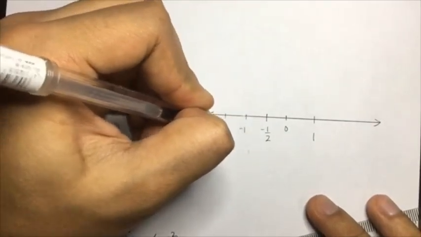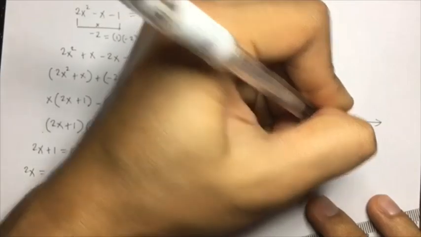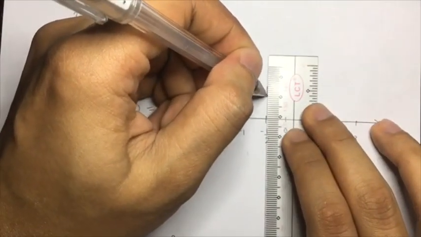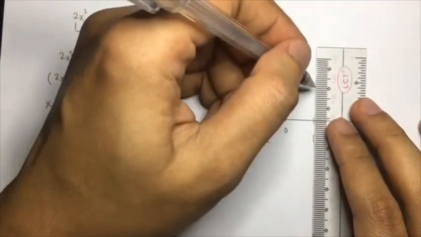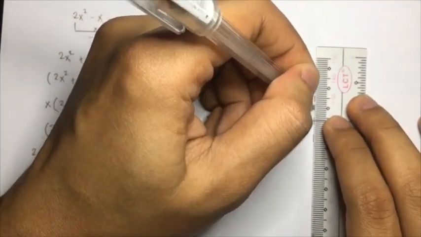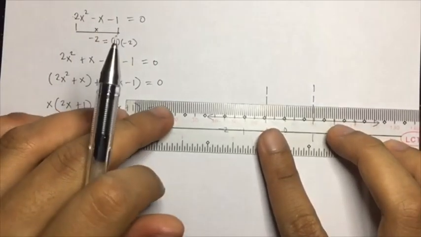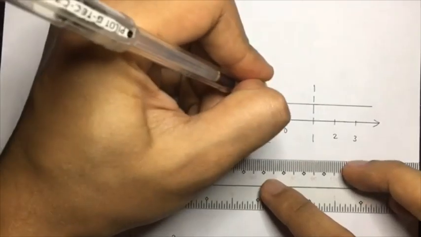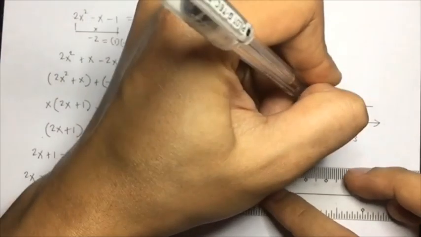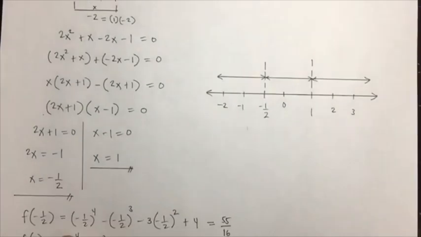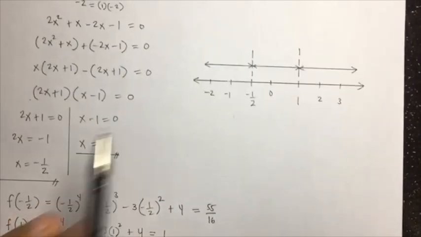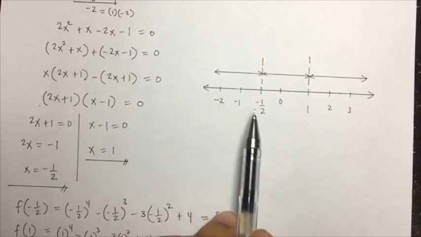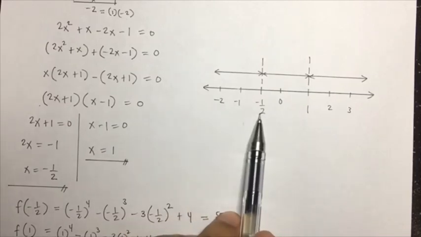So negative 1, negative 2, here we have our 2, 3, and so on. So our interval will be divided into 3.